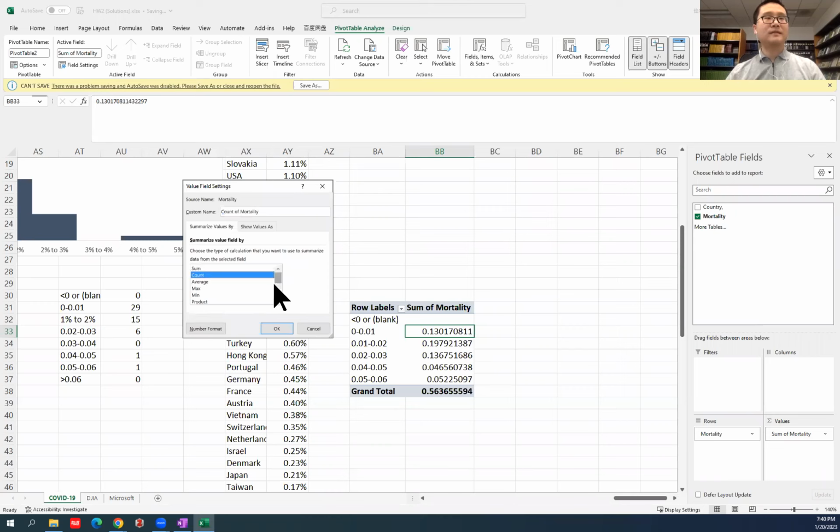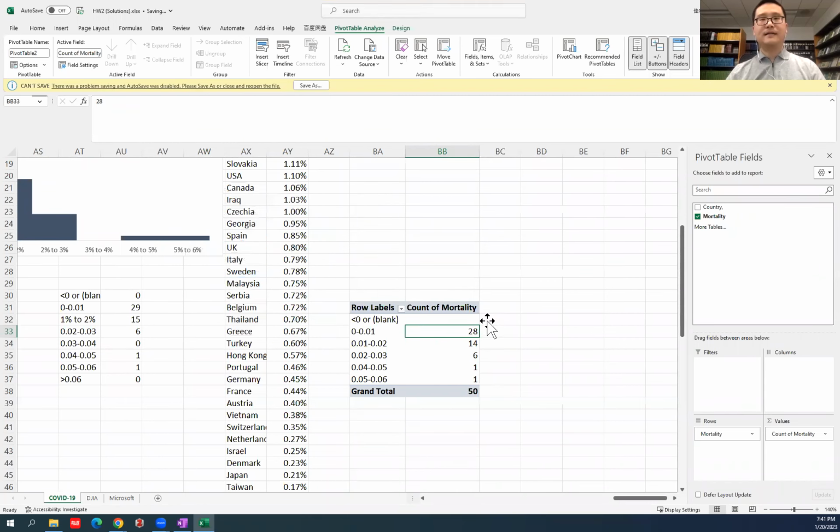You notice that there's another option saying count numbers. These two would be different if there are characters or sentences included in any of the cells. But in our case, it won't make a difference. So let's select count of mortality.